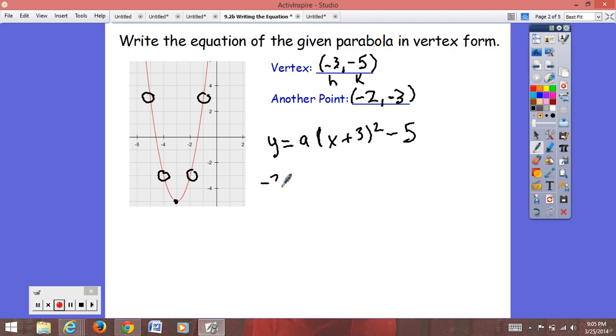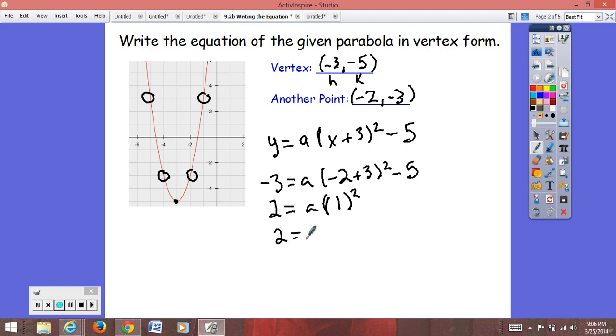So we have -3 equals a times (-2 + 3) squared minus 5. And right away I'm going to go ahead and add this 5 over. So we have -3 plus 5 gives us a +2 equals a times... -2 plus 3 is 1 squared.